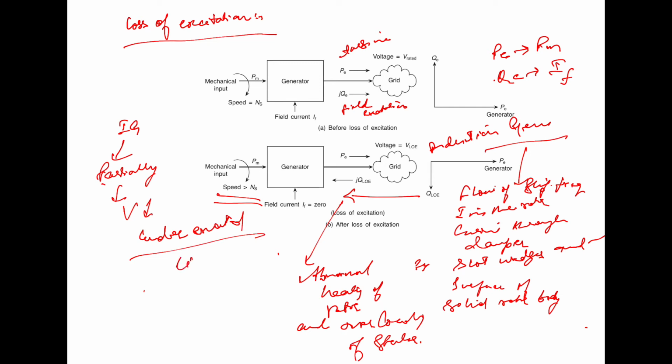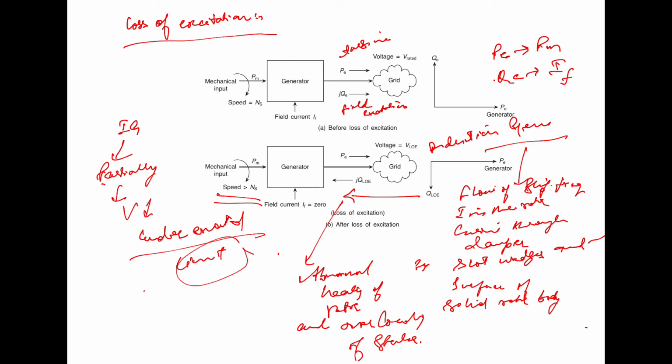However, there is a limit to which it can operate in an underexcited mode, and therefore operation in case of loss of excitation must be quickly detected and checked to avoid any shutdown of the generator.